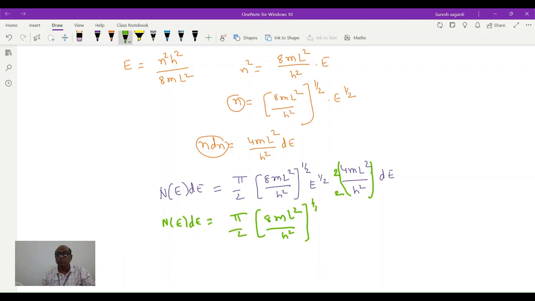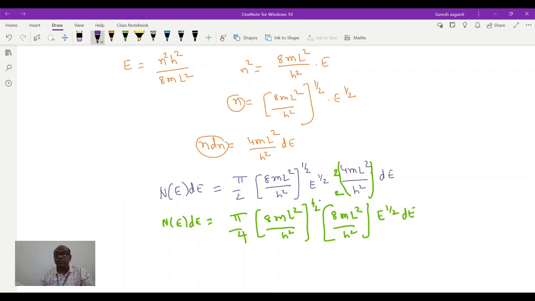So this 2 we will multiply with 4 here, so what is left out here is 8 m l square by h square into E to the power of 1 by 2 dE.